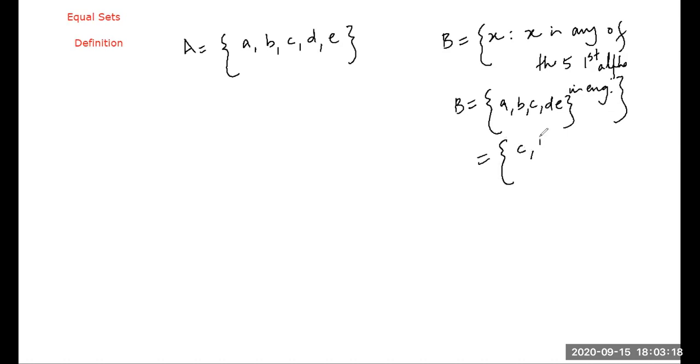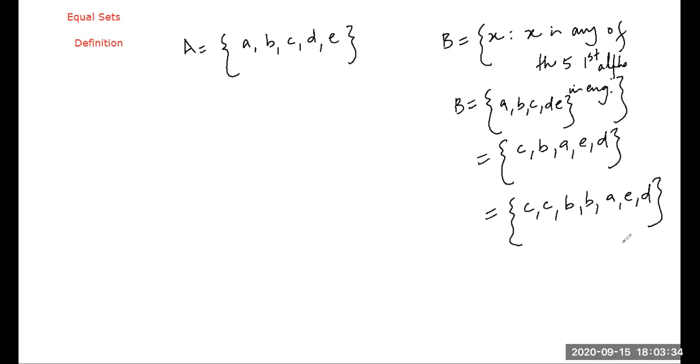Maybe B, C, B, A, E. Or I can even repeat some elements also, doesn't matter: C, C, B, B, A, E, D. Ultimately, am I missing any element?